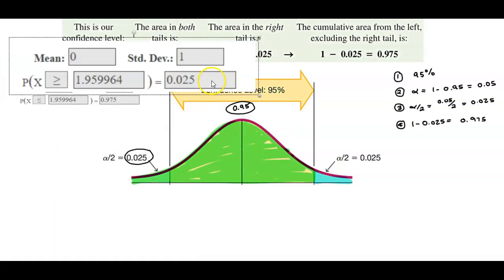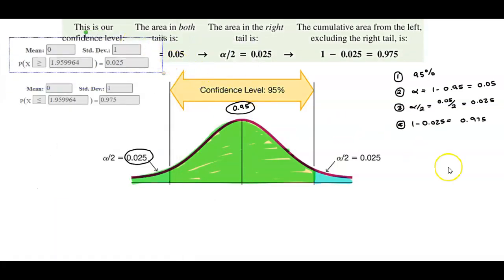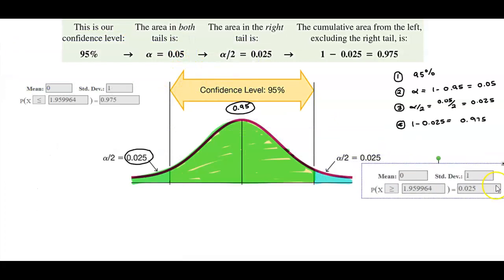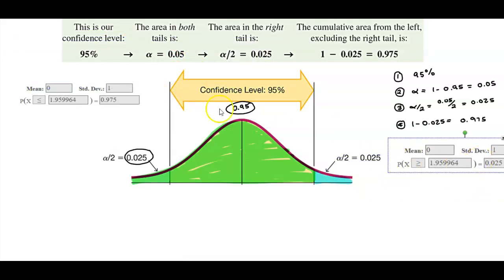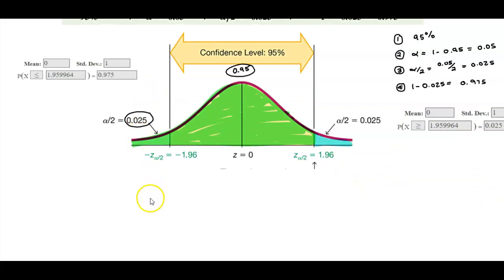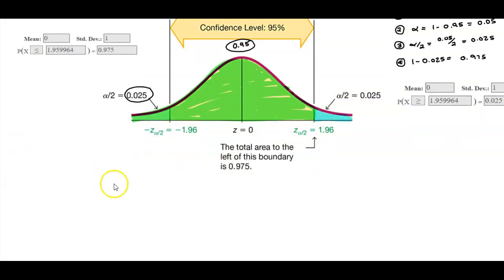So we know what our critical value is, and the critical value is the same thing as the z-score. The z-score is 1.96, and that's the total area to the left of this boundary, which is 0.975. And if this is 1.96 and we have the exact same area in both tails, then this is automatically negative 1.96. And so there is your critical value.